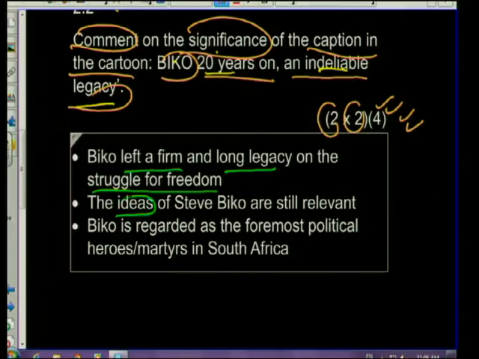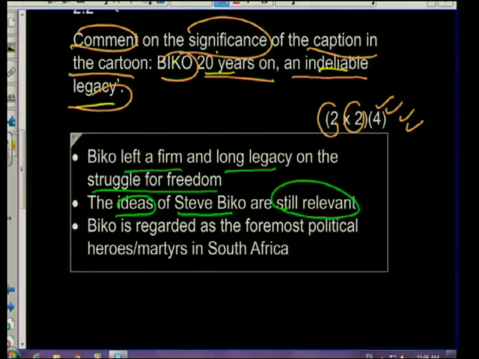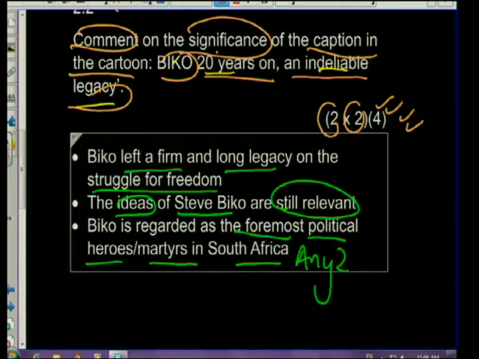Secondly, the ideas of Steve Biko are still relevant today. It's still making a mark amongst the people of South Africa. He's still remembered for what he did for black people. And he's regarded as the foremost political hero and martyr in South Africa, 20 years after he made his mark. Remember, the question asks you to give 2 points for 2 marks each, which would give you a total of 4.